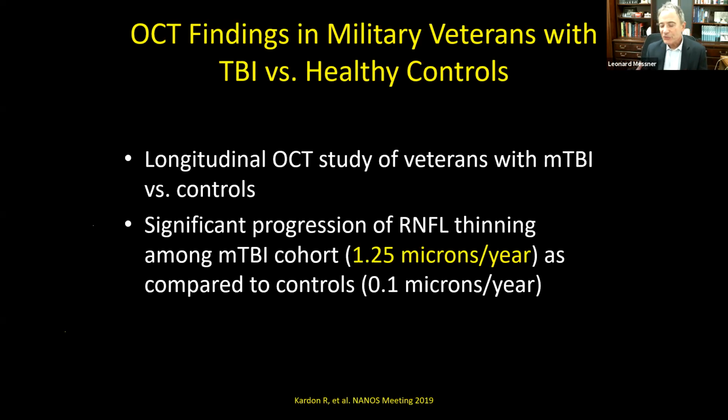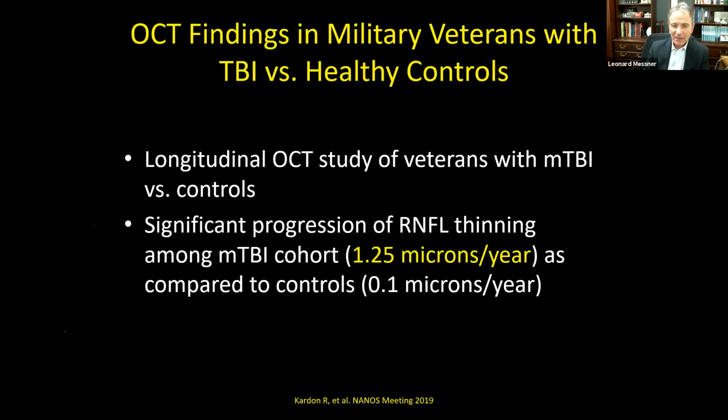Well, with blast injuries, these are concussive waves that result in rapid stretching of axons and the attendant complications that go along with that. And the interesting finding of this study was this progressive thinning of the retinal nerve fiber layer in the TBI cohort as compared to age-matched controls, where over time we know that there is thinning of the retinal nerve fiber layer at a rate of about 0.1 microns per year.